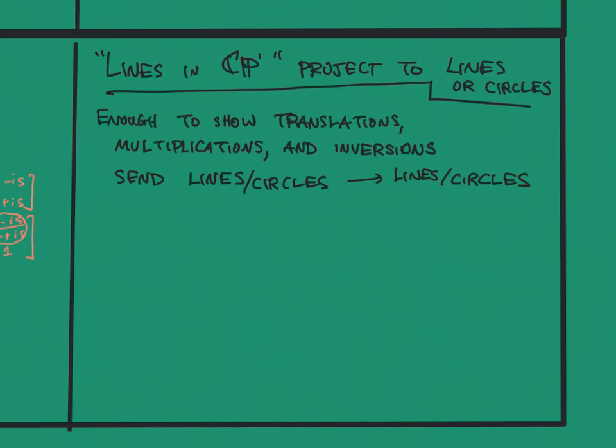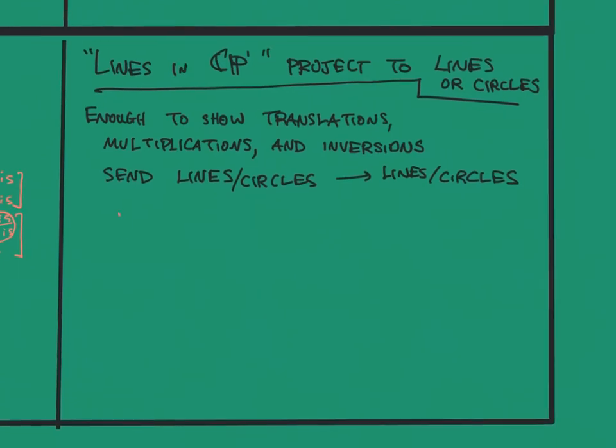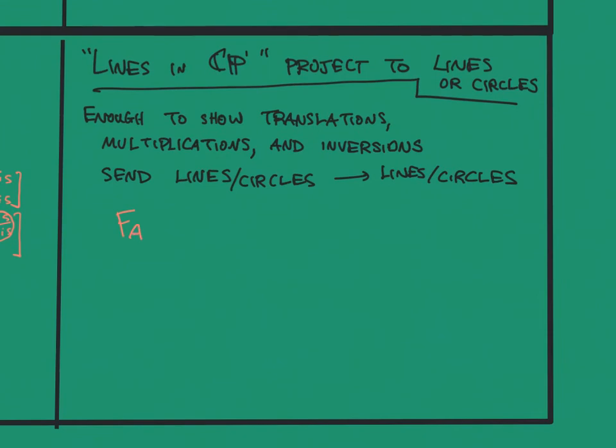Well, the way this starts out is lines in CP1 are the image under an FLT of RP1, which we've already said is R union infinity. So again, viewing R as a subset of C here. So certainly this is the x-axis, so that's a line.